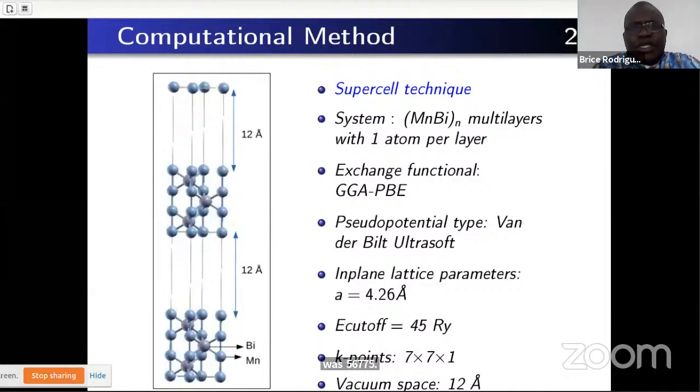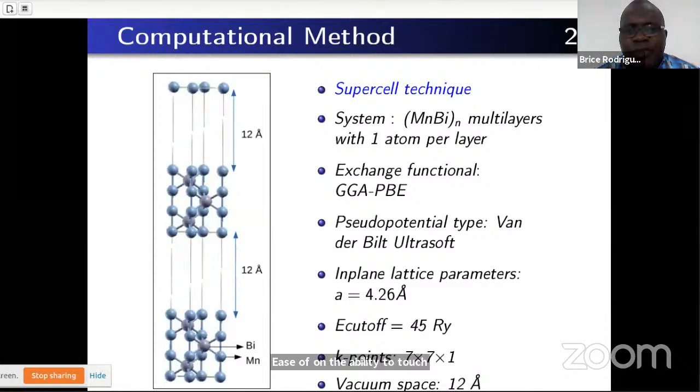We use the supercell technique to build our multilayer MnBi systems. The exchange functional was the same GGA PBE. And the pseudopotential type is Vanderbilt ultrasoft.